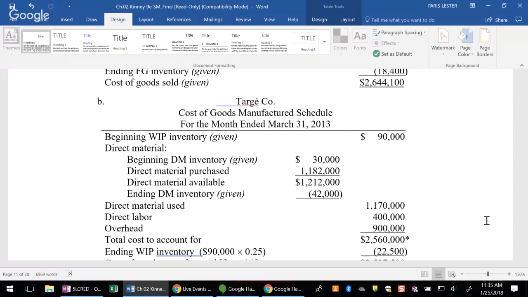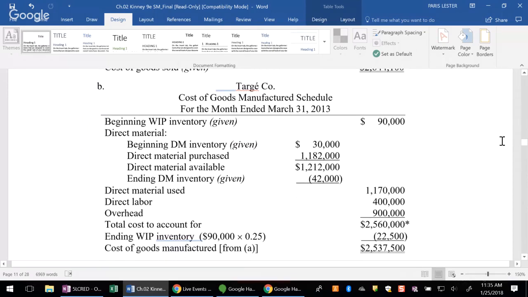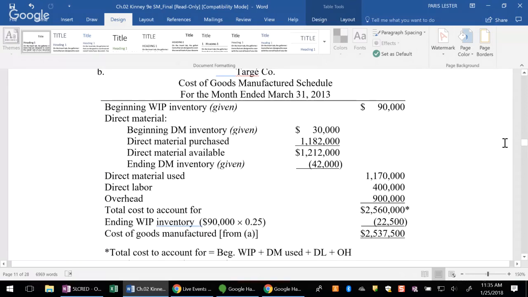So you calculate this, all right. Do we have to work backwards on this? Now, cost of goods manufactured, we had that from part A, right? Yeah. All right, we're gonna get to ending inventory, 25% of beginning, right? Yeah. We're gonna work backwards to get total cost to be accounted for, 2,560,000, right? Yeah. We're good up to here.